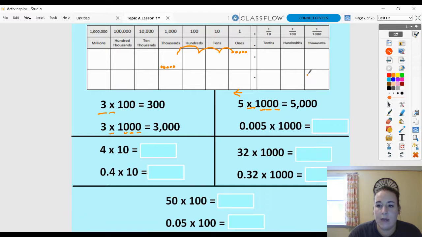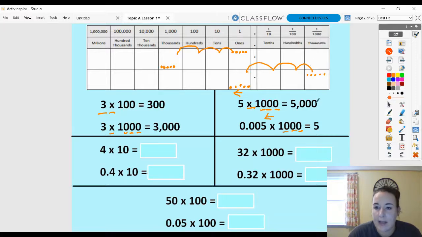So I'm going to start with my 5 disks here. We're multiplying, so our number is going to be getting bigger. So we're moving up the place value chart, and we're going to take 1, 2, 3 steps, meaning we end up here in the ones place. So we end up with 5.